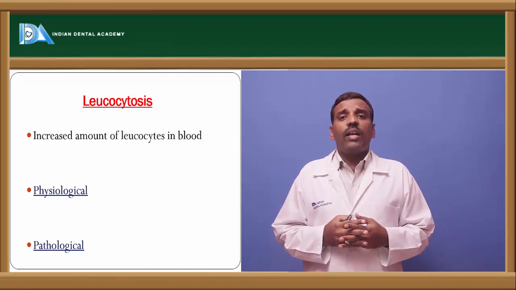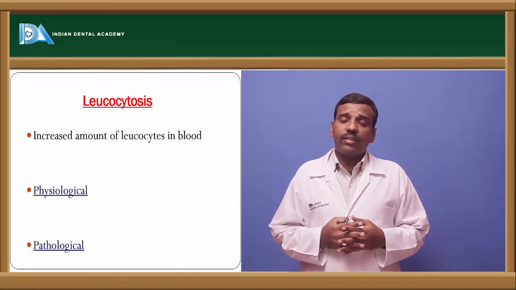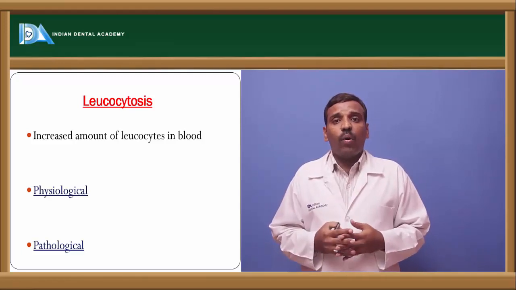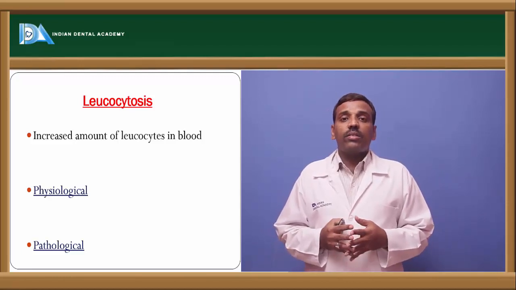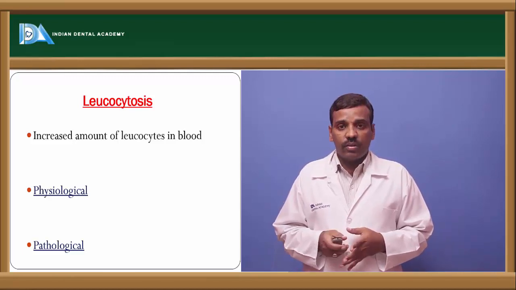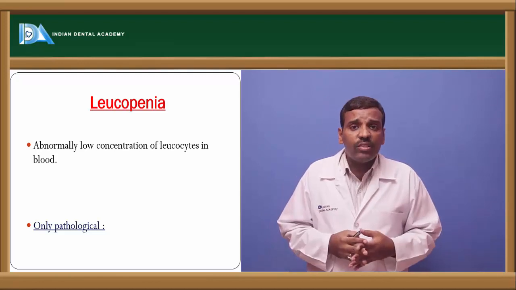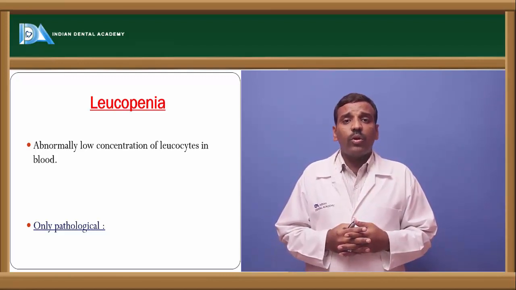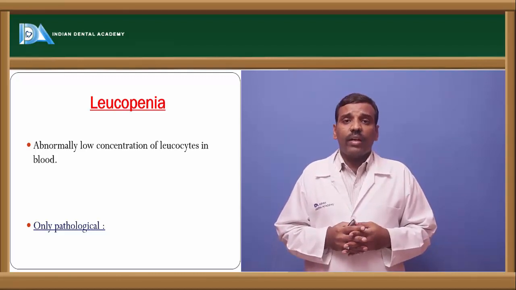Physiological variations include age, sex, after meals, pregnancy, lactation, exercise and sleep. Pathologically, increased levels are also called leukocytosis. And leukopenia is decreased WBC or leukocytes, which has only pathological variation.